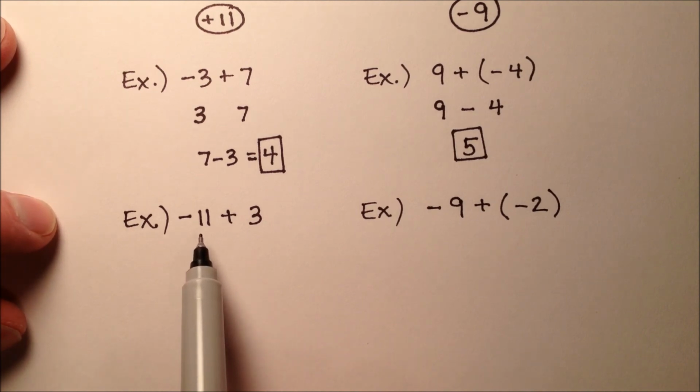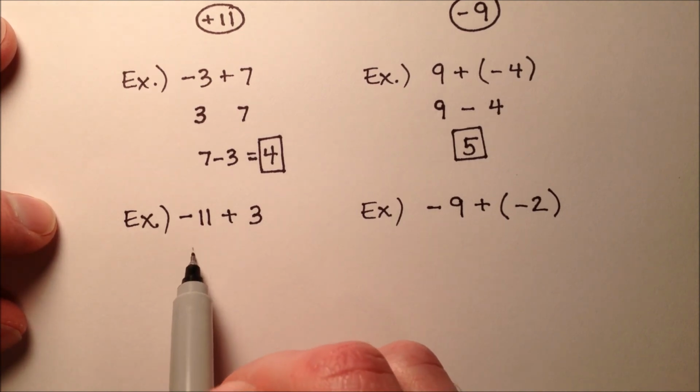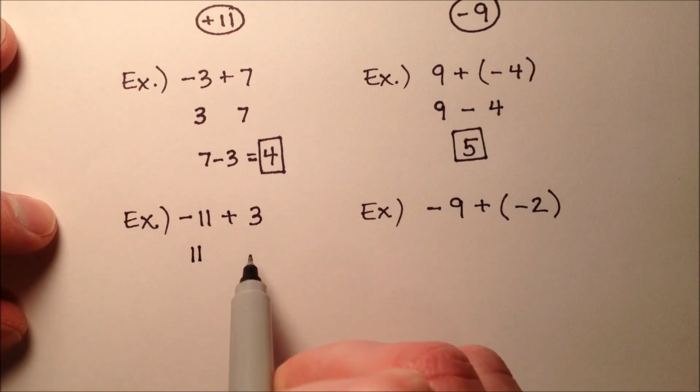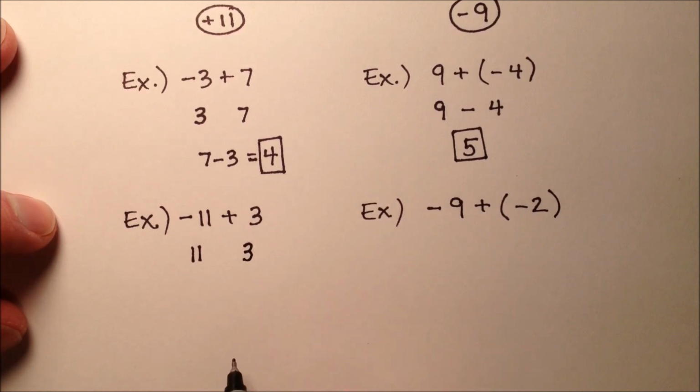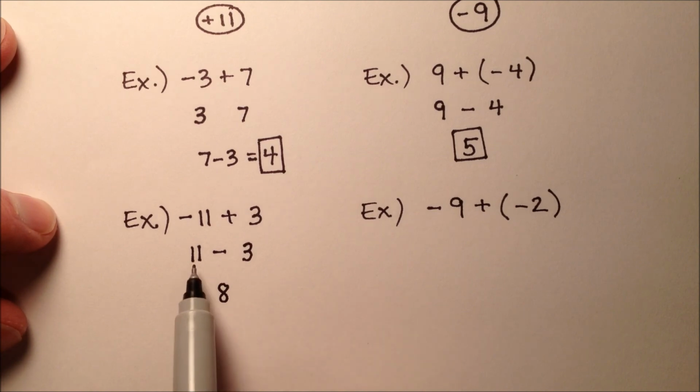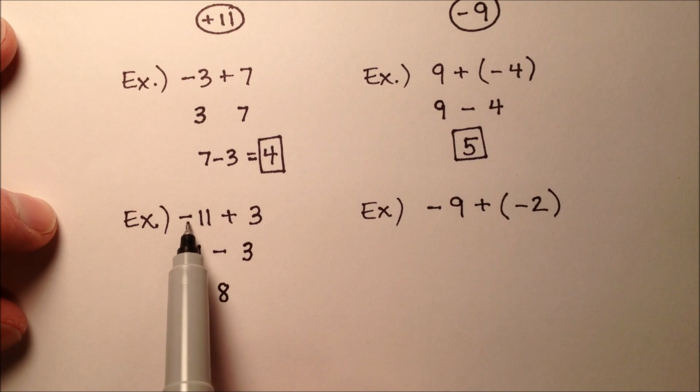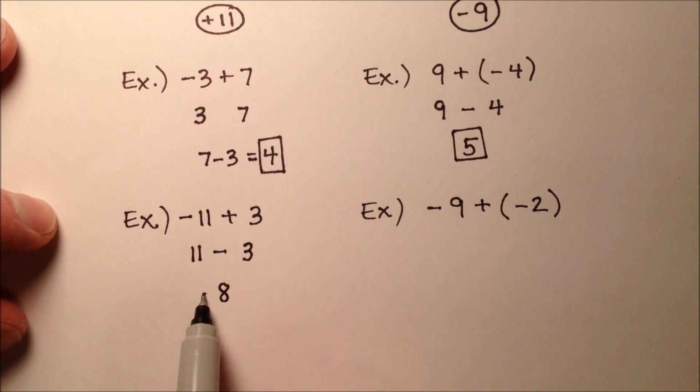The absolute value of negative 11 is 11, and the absolute value of 3 is 3. So we're going to subtract these, 11 minus 3, and we're going to get 8. And then we're going to keep the sign of the larger one. Well, 11 is larger than 3, and 11's original sign was a negative. So this answer is going to be negative 8.